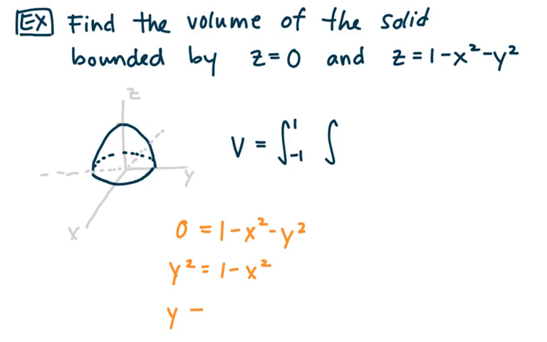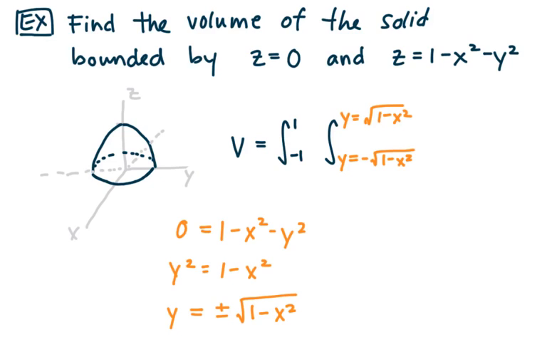Isolating that y, I've got y equals plus or minus the square root of 1 minus x squared. So my y is now defined by this circular region. So I could say, well, y equals negative square root of 1 minus x squared, and y equals positive square root of 1 minus x squared.